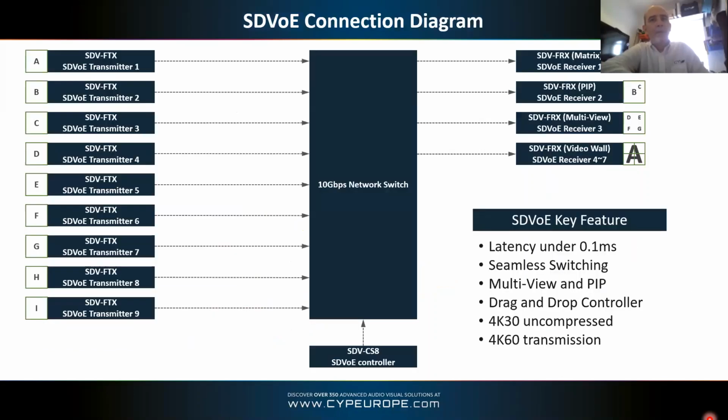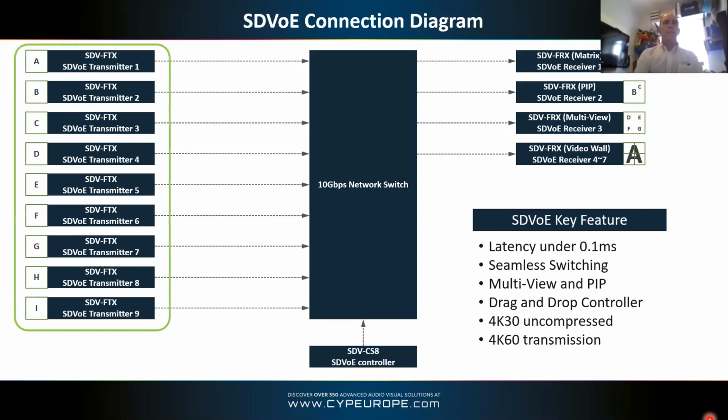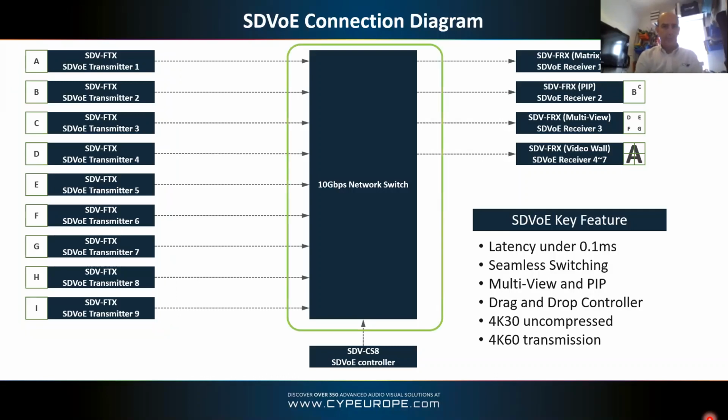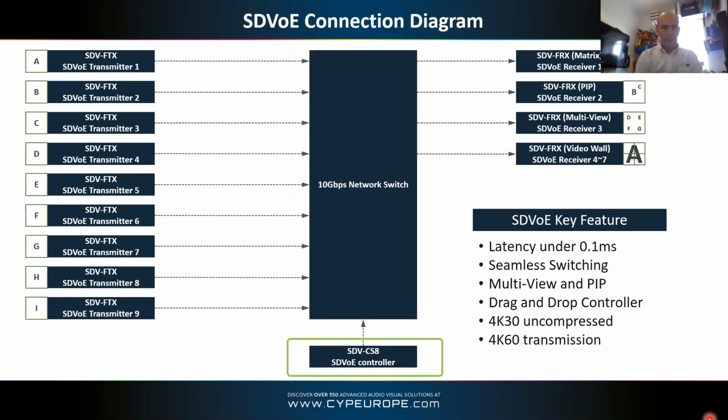Absolutely. Moving on here, we just wanted to show you again just how versatile this can be. This is actually from a case study, with all of your transmitters coming in. You can see there A through to I for transmitters. You've got a 10 gig network switch again, as we said, and the CS8 doing all the hard work, the controller.